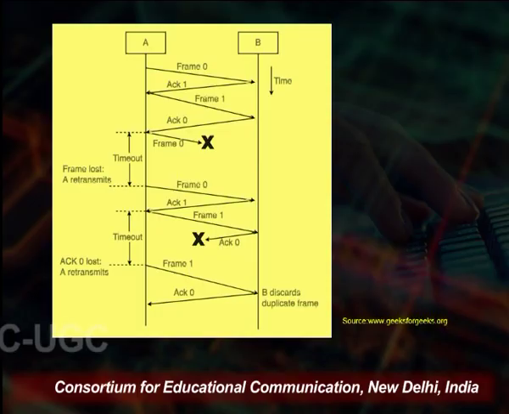So, after waiting for some time, A is going to retransmit the frame for which the acknowledgement has not been received. In this situation, B is going to have that frame in duplicate. So, what is the responsibility of B? The responsibility of B is that it discards the duplicate frame.